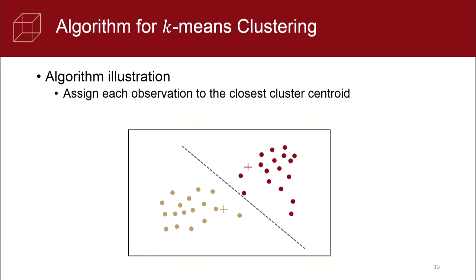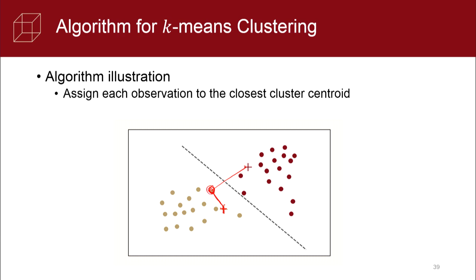With the new centroids, you do the same thing, right? For each data point, you calculate the distance to the two centroids. For example, for this data point, you calculate the distance to the yellow centroid and the red centroid, and it turns out that this data point is closer to the yellow centroid.